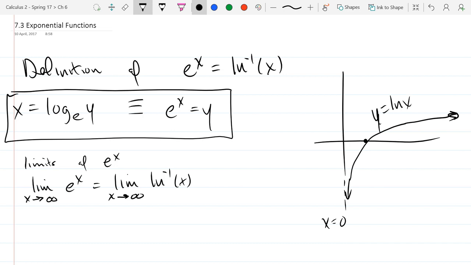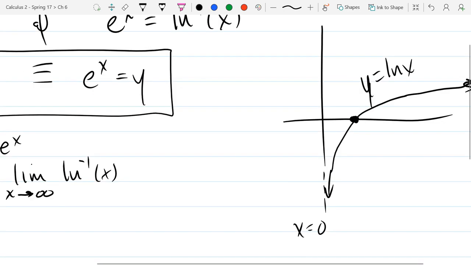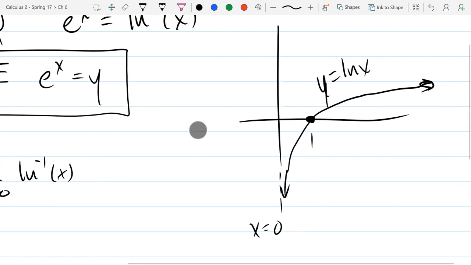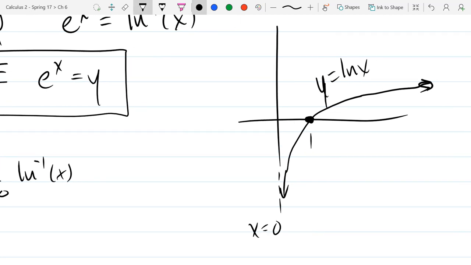So I don't think I graphed the actual natural log function this quarter when I did it, the natural log yesterday. This is the natural log graph right here. When x is 1, you get 0. So that's going to be the x-intercept at 1. When x is greater than 1, you have positive area.